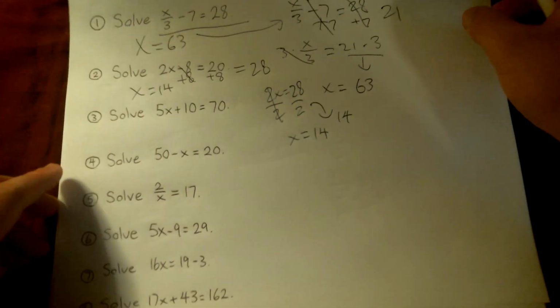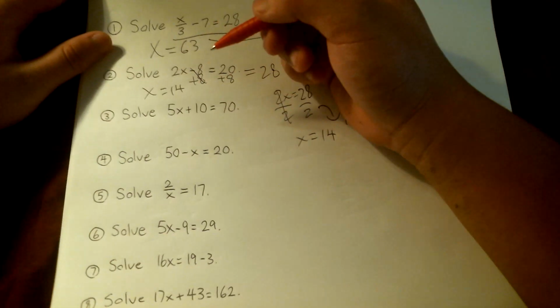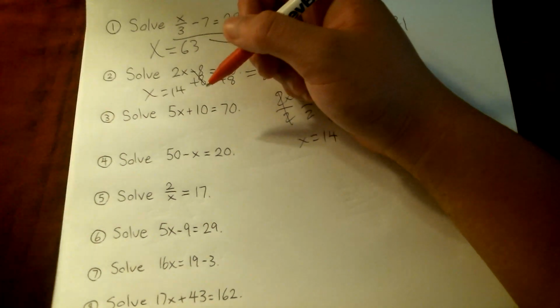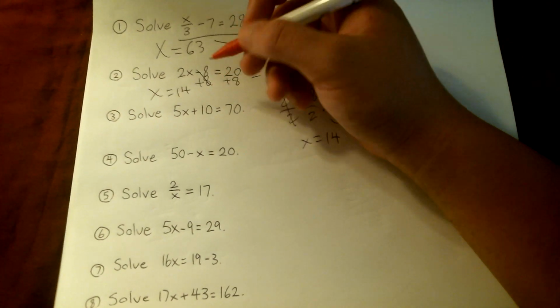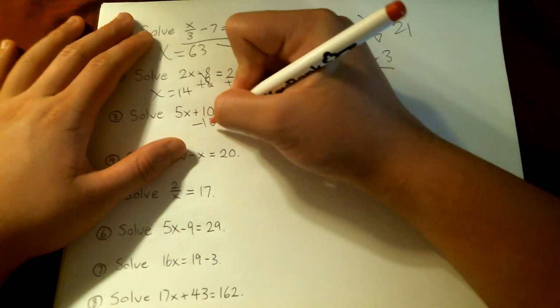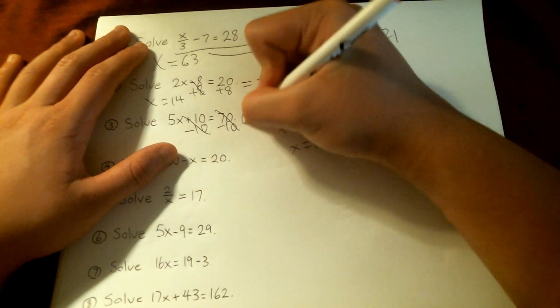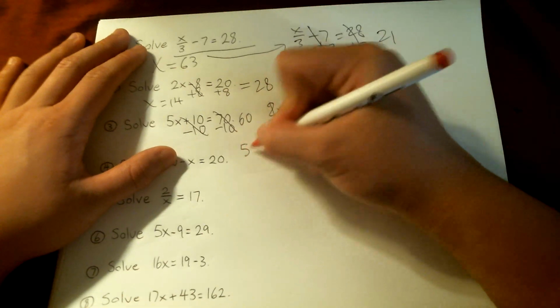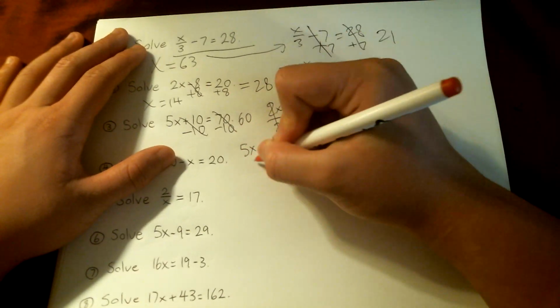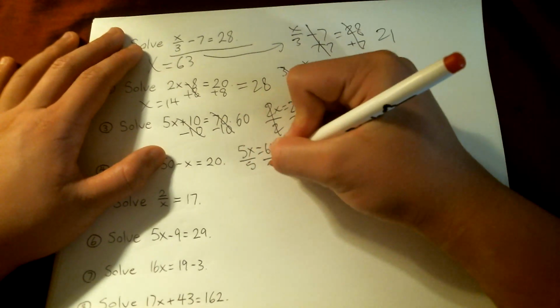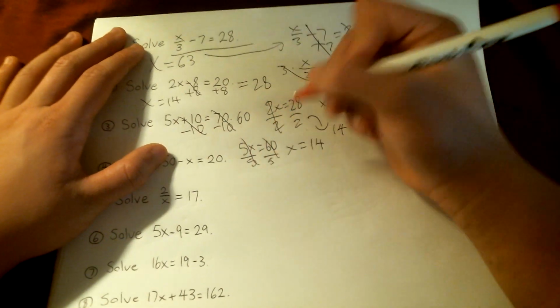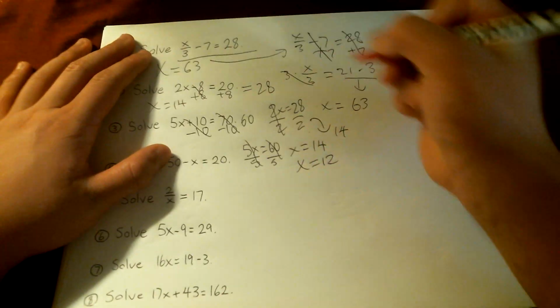This one asks to solve 5x plus 10 equals 70. So we would have to first subtract 10 from both sides. 60 here, and 5x equals 60. This divided by 5 would be x equals 12.